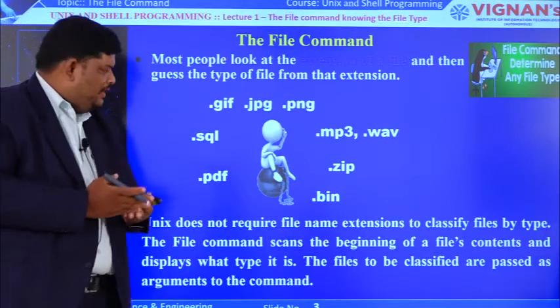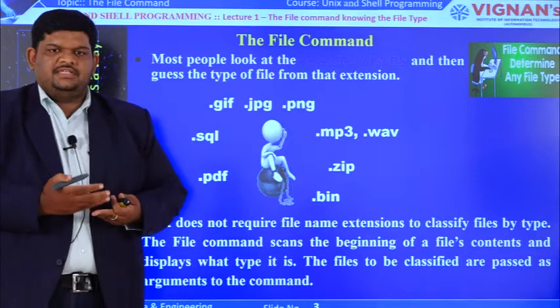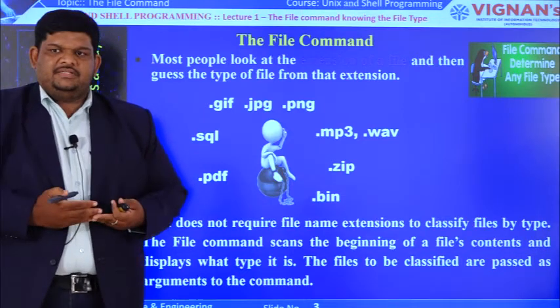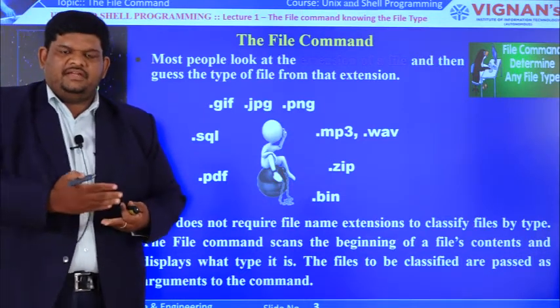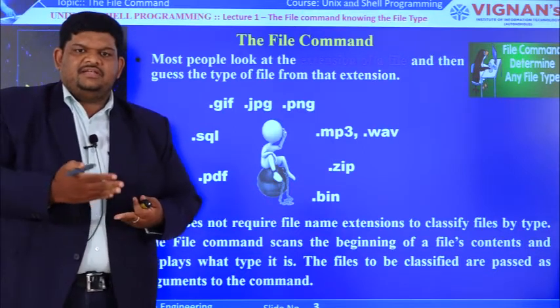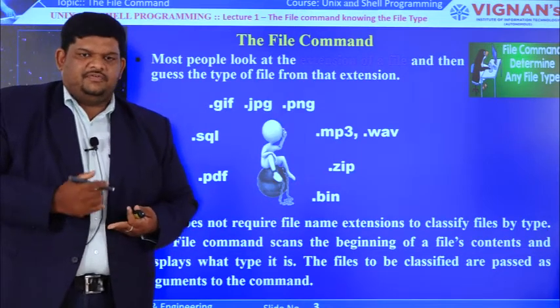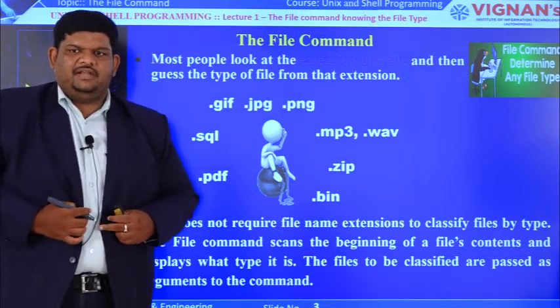We just pass the file name to the file command, and the output is the file type: an ordinary file, an empty file, a PDF, an image, audio, video, everything it will give us as output.